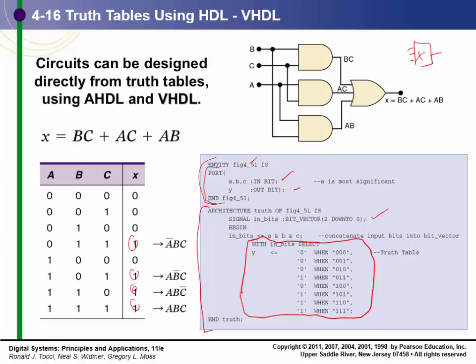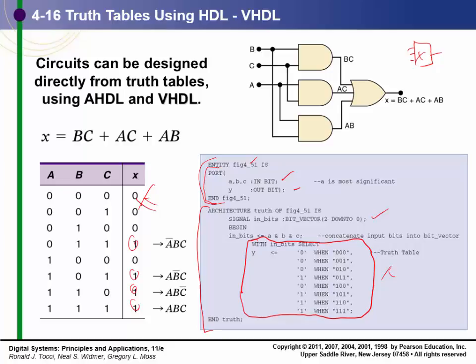So if you look at this, 0, 0, 0, 0, 0, 1, this is my truth table, the same as this right here, just in a different format. If I see 0, 1, 1, or 1, 0, 1, I have a 1 for my output.